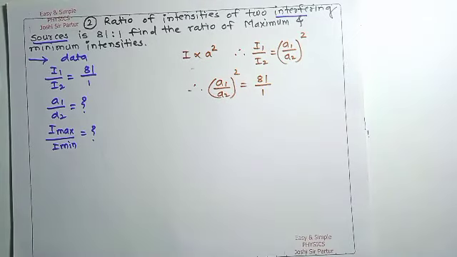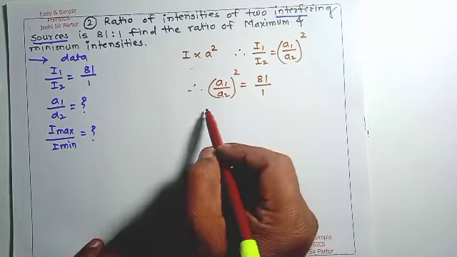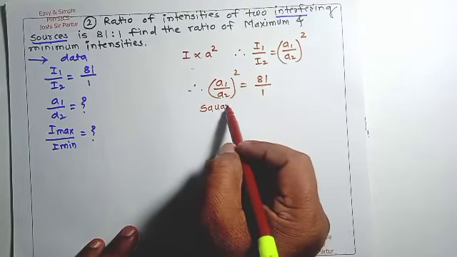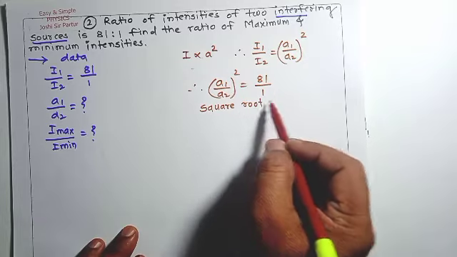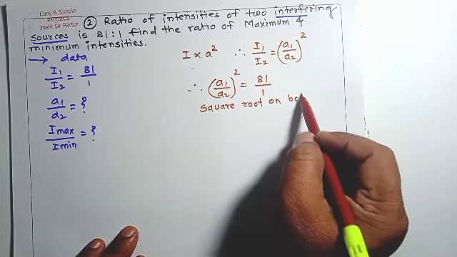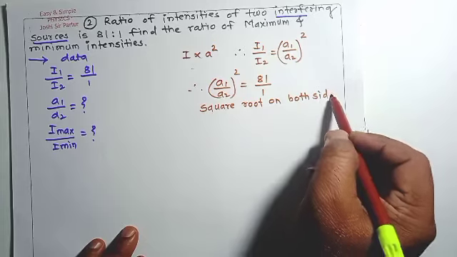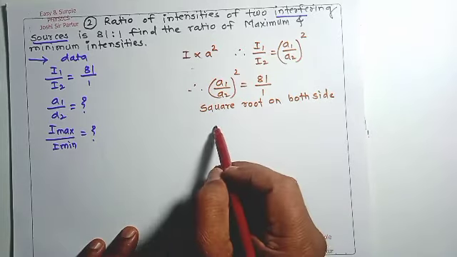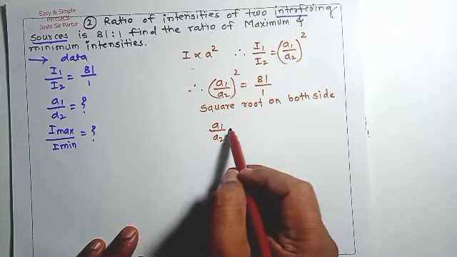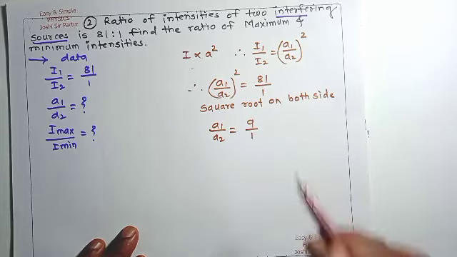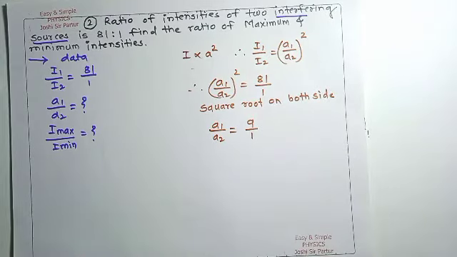If we take the square root on both sides, what happens? A1 upon A2 is equal to 9 upon 1.